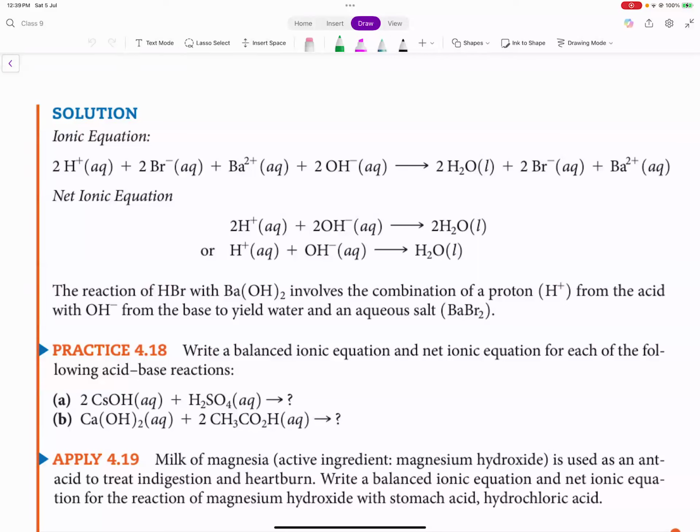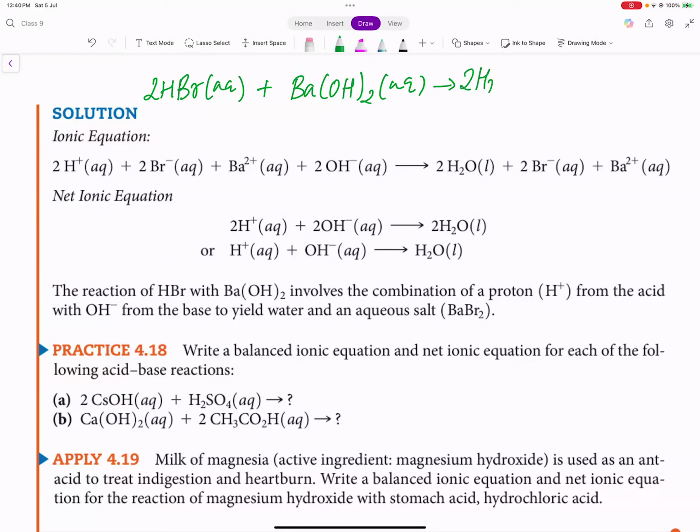Same thing. First, you have to write a normal equation, okay? A normal equation you will write like this. This is the acid, which we have to balance it. Barium hydroxide aqueous, and this is going to give me salt and water.